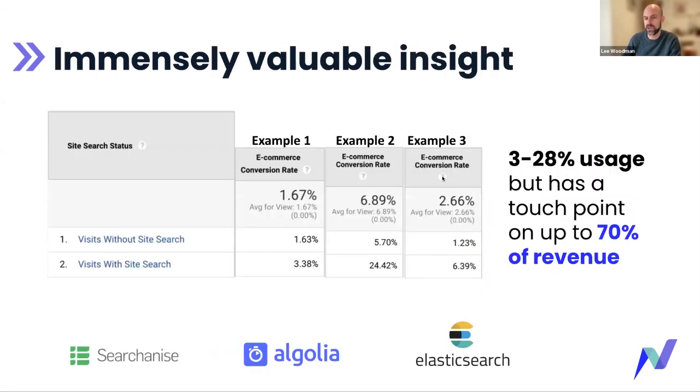So this is e-commerce. Those people that search, they're at least twice as likely to buy. And for these guys, it's 5 or 6 times. And they have a touch point on up to 70% of revenue. So if you're on Shopify, have a look at Search and Eyes, because it's like $20 a month, but it'll pay for itself instantaneously.